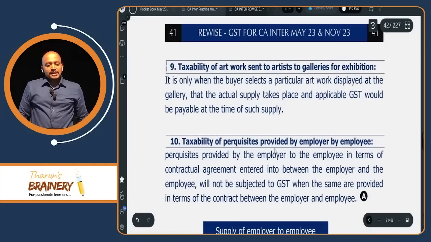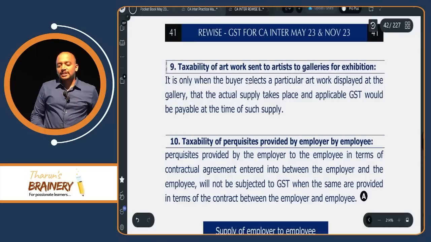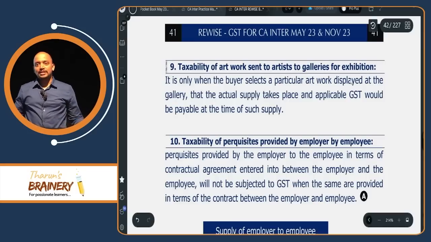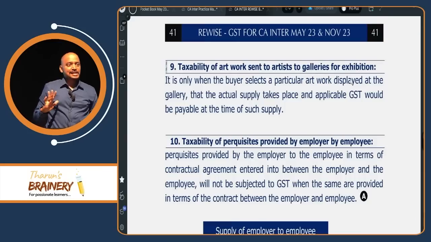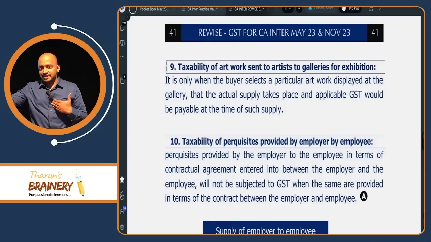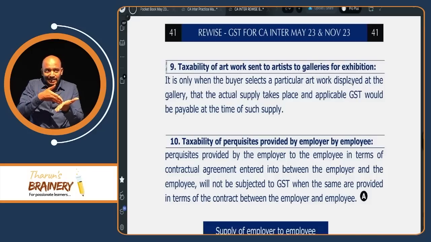Then, taxability of artwork sent by artists to galleries for exhibition. Listen, simple one only. I am sending an artwork to the art gallery. Today, is it treated as sale in my hands? No. Then when will it be treated as sale in my hands?